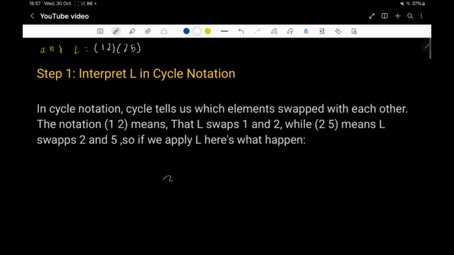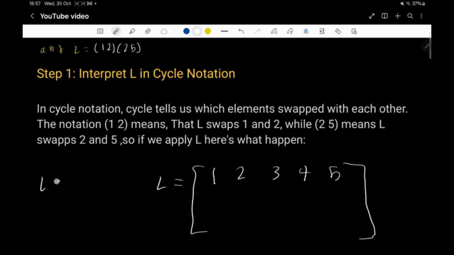First we write L in matrix form. Every time you start by writing 1 2 3 4 and 5 and so on. Okay, now we have that L is (1 2 5) in cycle notation, so we need to write it in the matrix.